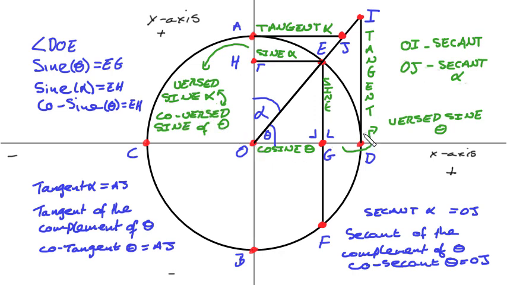Okay, so there are our trigonometric lines. Now you can see that if we change this angle theta, the lengths of all of these lines are going to change. So all these lines are functions of the given angle, and so they are the trigonometric functions.